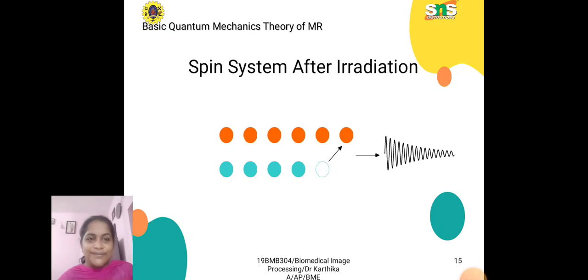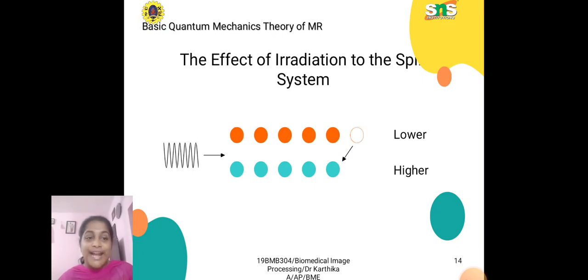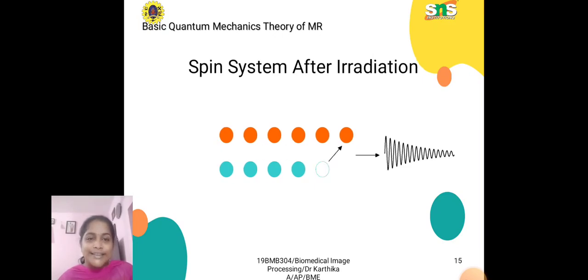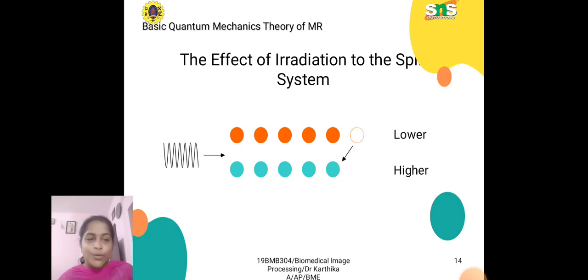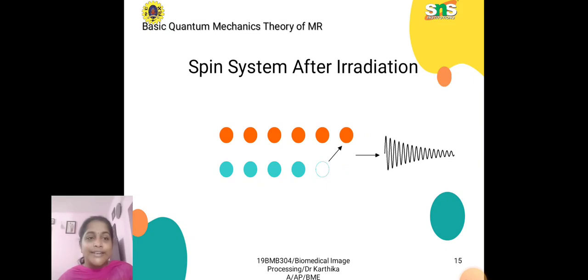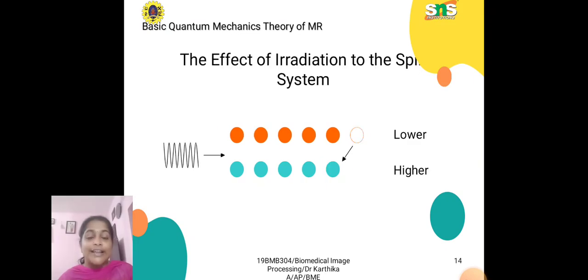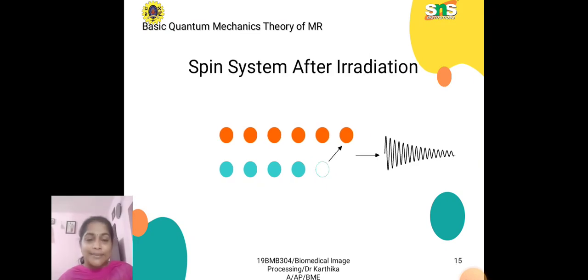Okay, the spin system after irradiation. See in the previous slide, the lower and higher levels are nearly equal, and after irradiation the populations change.